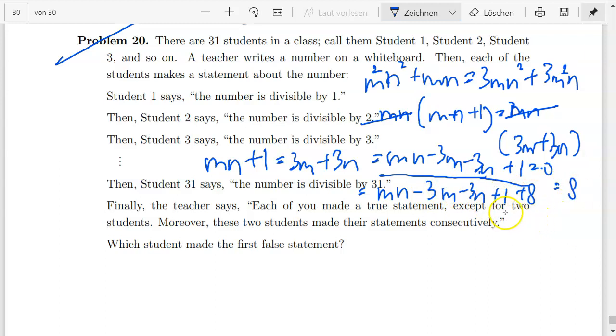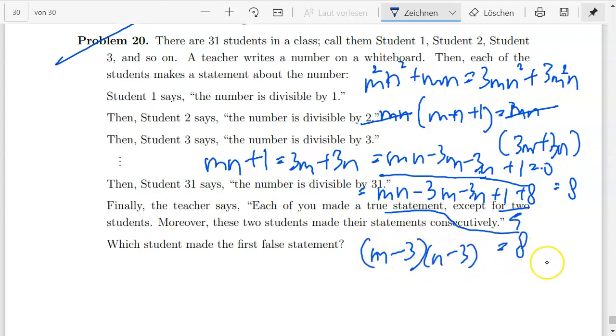Some of you may be confused. Why would I use 8 over here? So this one is actually 9, right? So I can factorize this whole thing into m minus 3 times n minus 3, which would give us 8. So this 8 can possibly be broken down into 1 times 8, and then 2 times 4, and then 4 times 2, and then 8 times 1.